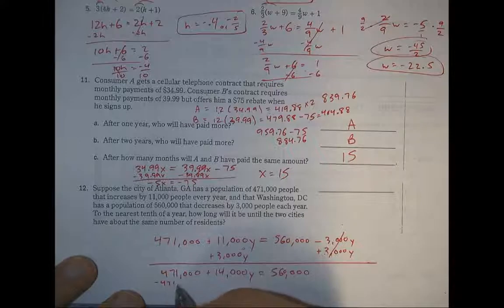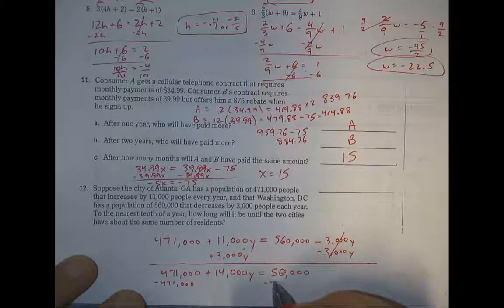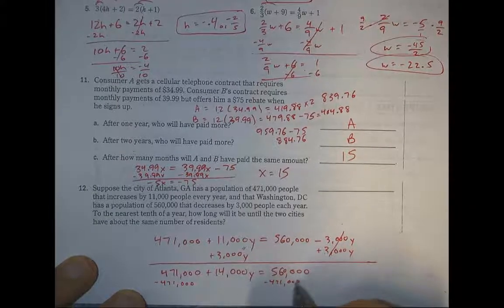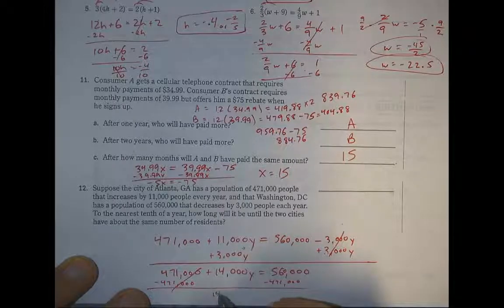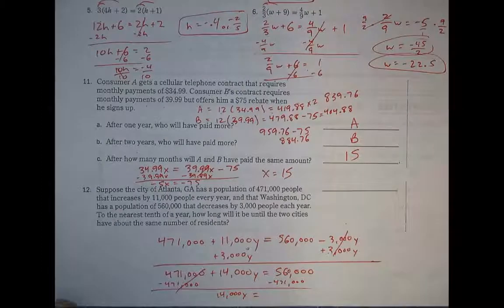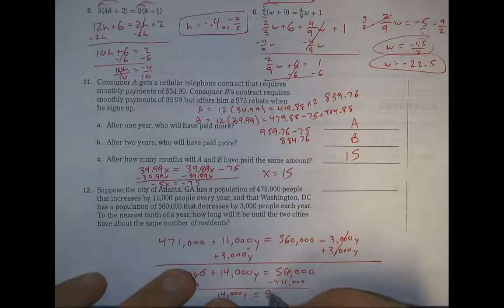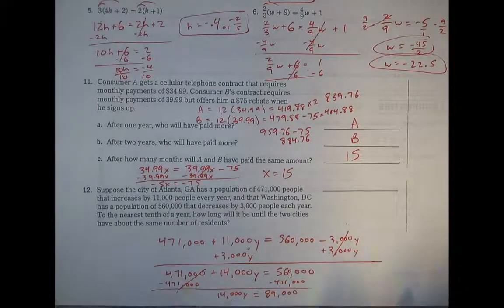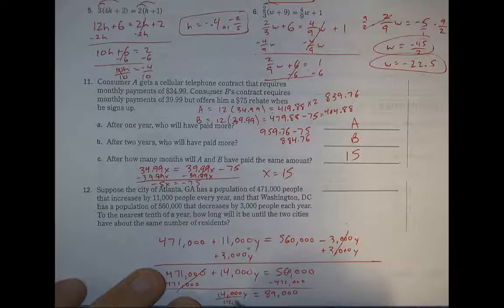So I'm going to minus the 471. Clear it out, leaves me 14,000y, which I'll divide by in a second. So I'm going to subtract, and I get 89,000 divided now by 14,000.